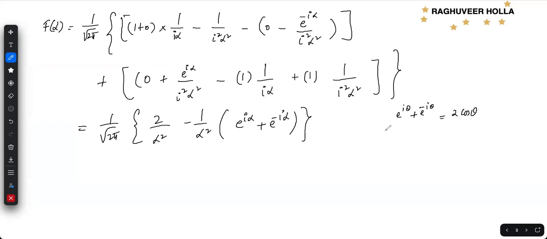So you can write here cos alpha instead of theta. 1 by root 2 pi, open braces, 2 by alpha square minus 1 by alpha square into 2 cos alpha.